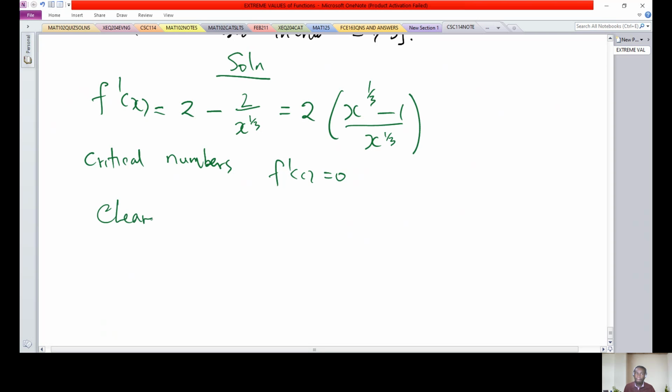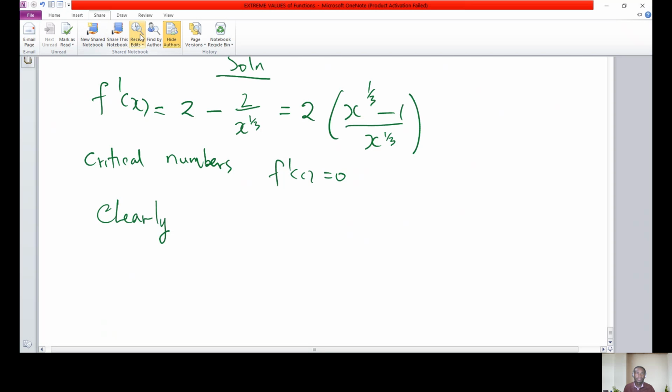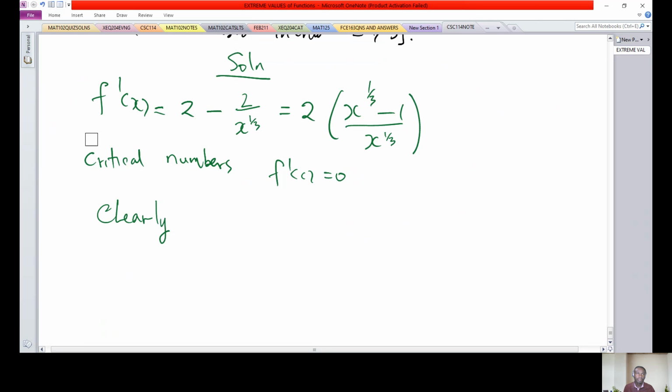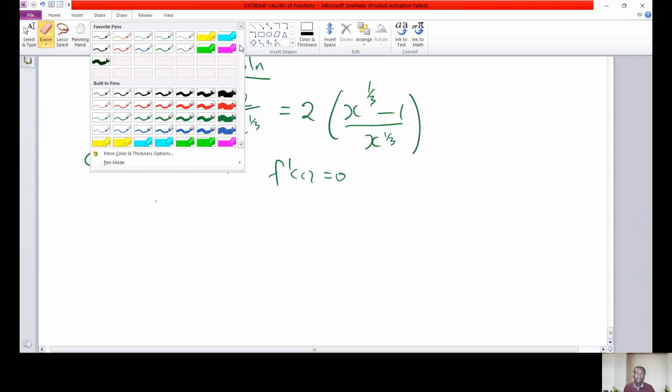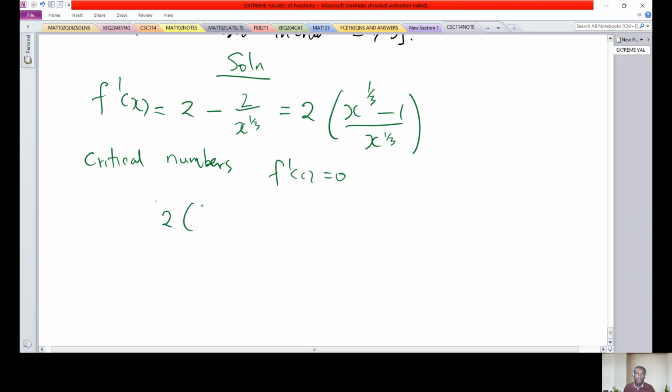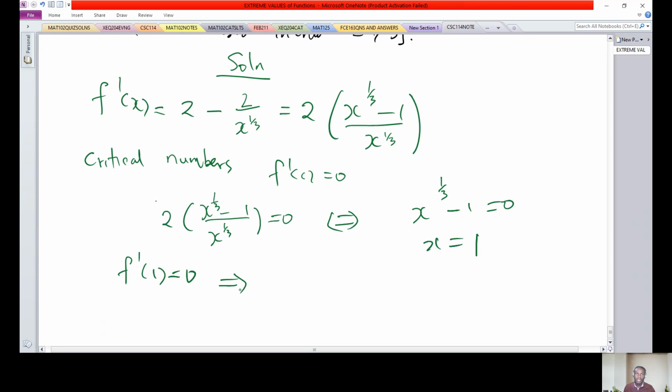So we set 2 times (x to the power 1/3 minus 1) over x to the power 1/3 equals 0. This means x to the power 1/3 minus 1 equals 0, so x equals 1 is one of the critical points, since f prime at 1 equals 0.